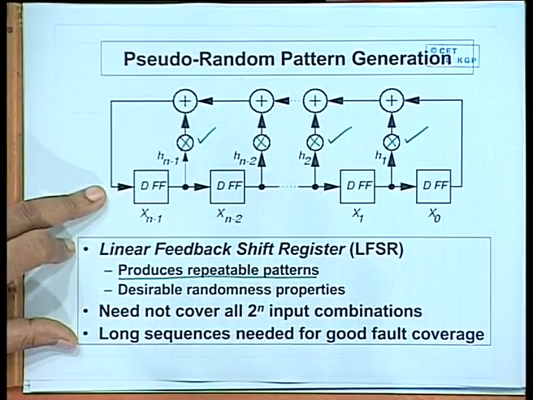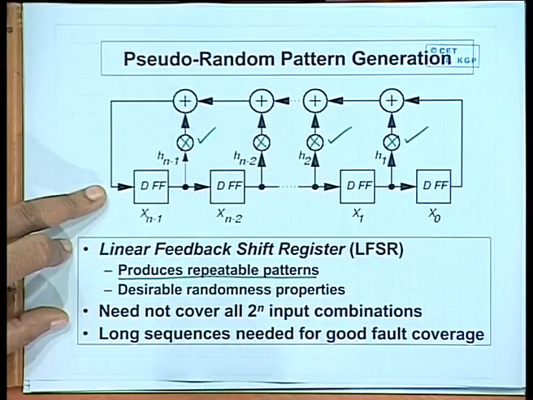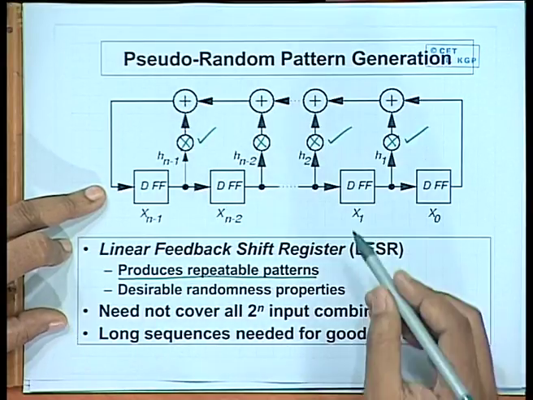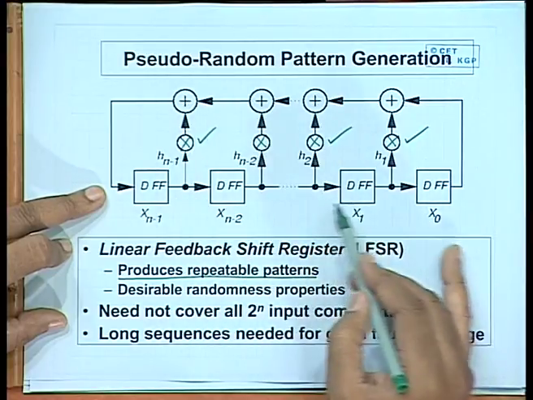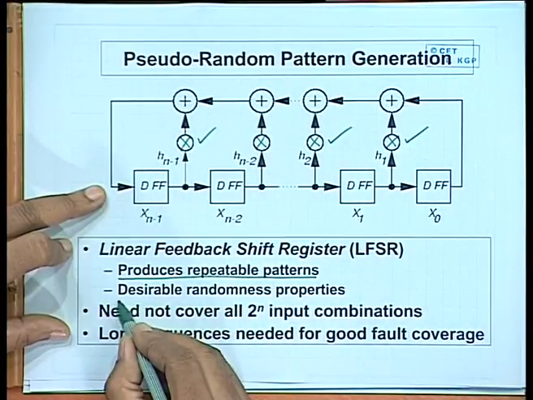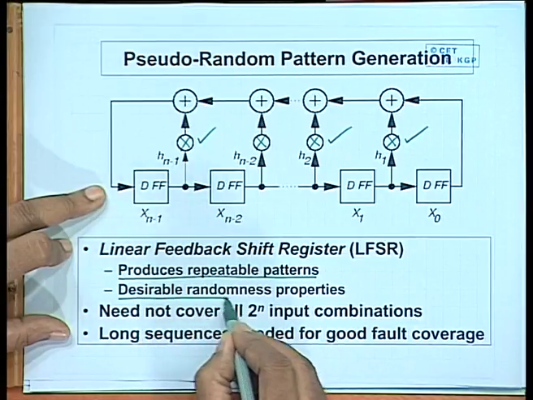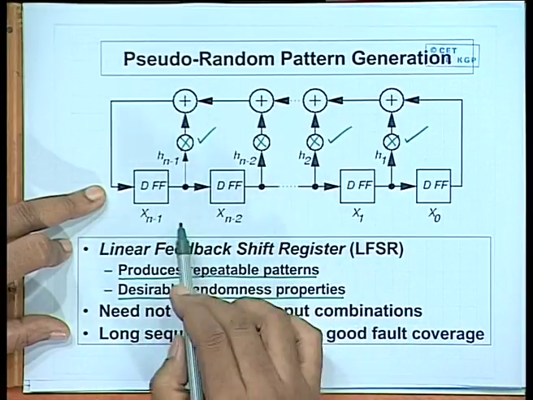And it has been proved through extensive experimentation and analysis that the patterns generated by this kind of an LFSR have the desirable randomness properties. So, we can treat them as random patterns, but a true random pattern should not be repeatable. Since this pattern is repeatable, we call it pseudo random.